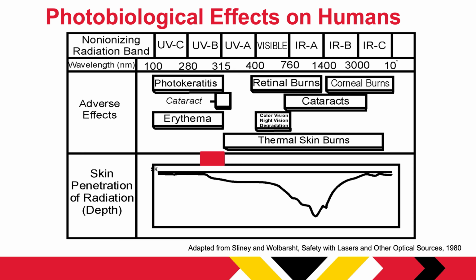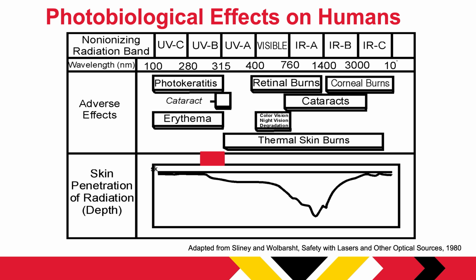There's a really sharp cutoff somewhere around 315 nanometers. Cataract appears to be limited to a fairly narrow crossover area between UVB and UVA, where there's enough photon energy to alter key biological molecules in cells, and at the same time, it also penetrates into the eye.